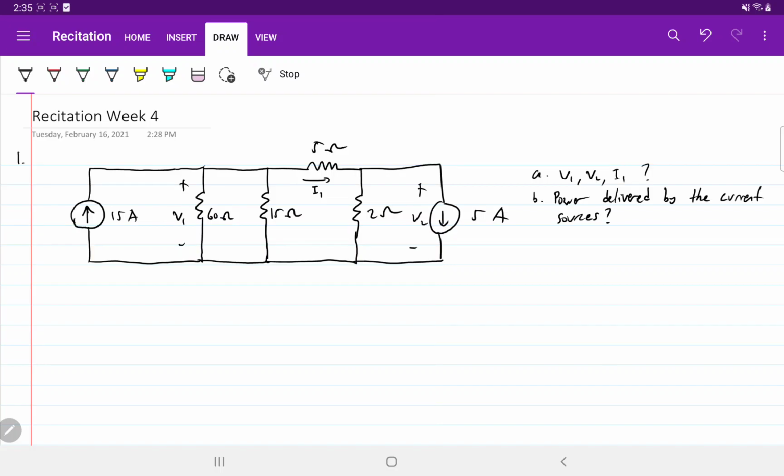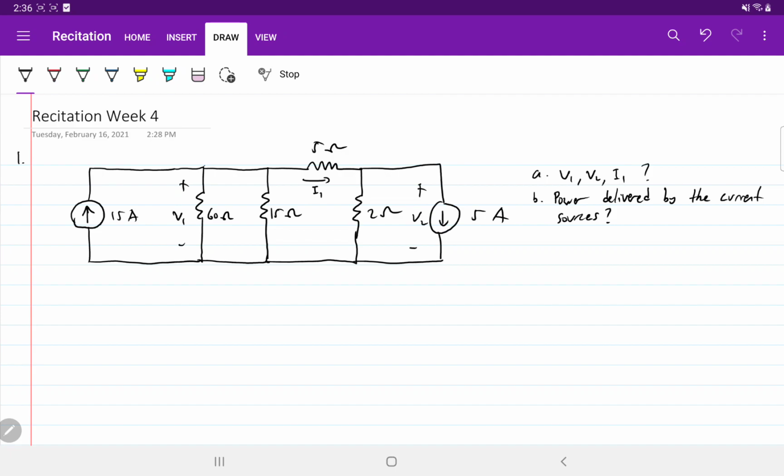To use the node voltage technique, we need to identify essential nodes, right? Essential nodes are nodes that connect three or more units.